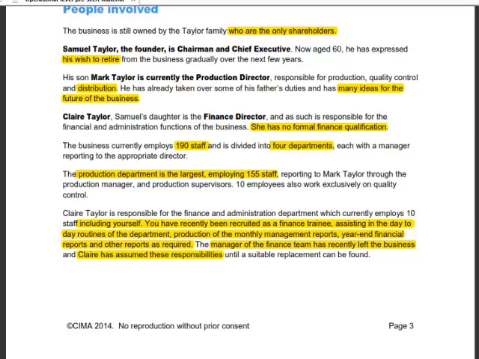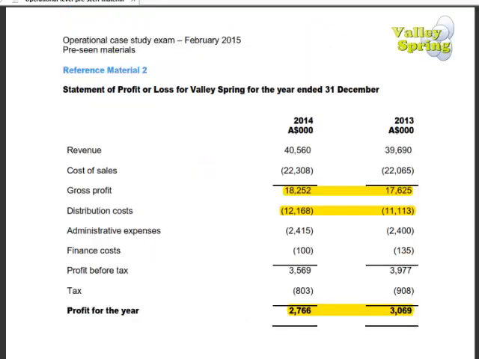Of a concern is the next sentence. The manager of the finance team has recently left the business, and Claire has assumed these responsibilities until a suitable replacement can be found. So now let's have a look at the statement of profit and loss for the year ending 31st of December 2014 with a comparison for 2013.